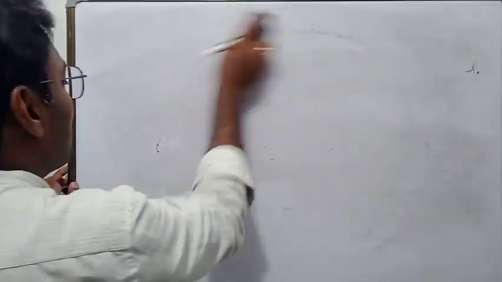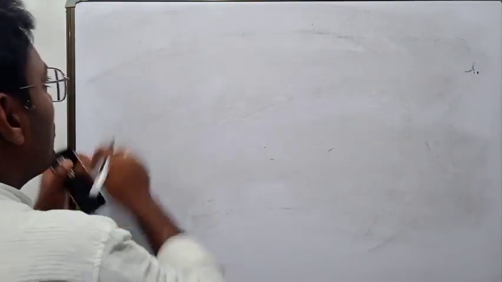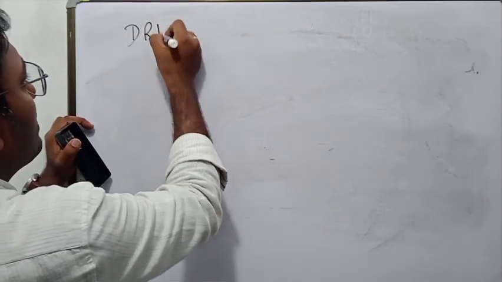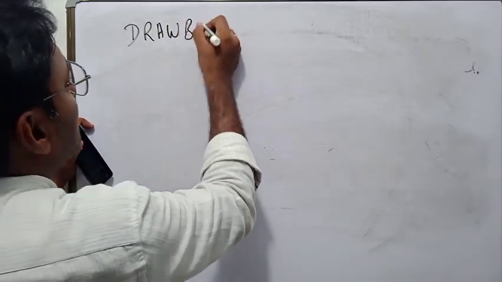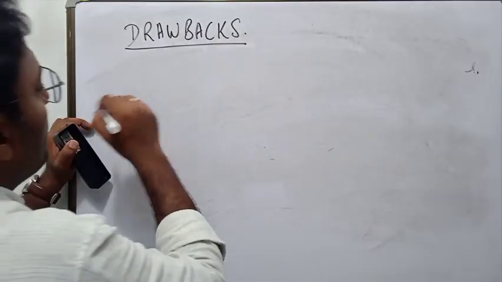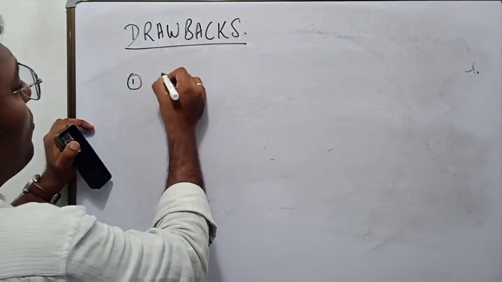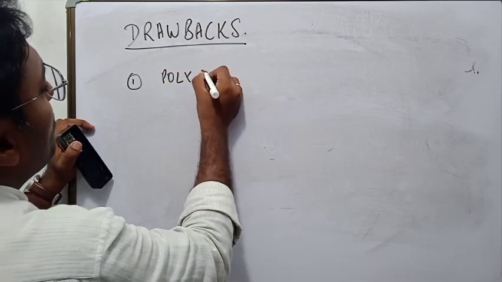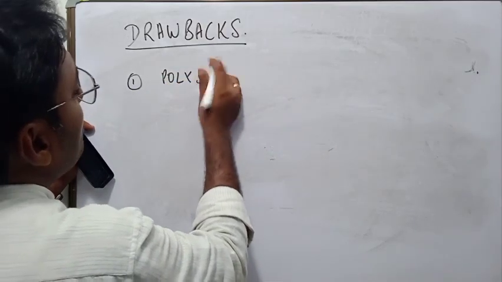Now we are going to discuss the drawbacks or limitations of this reaction. See, we get polyhalogenated, polysubstituted alkanes.